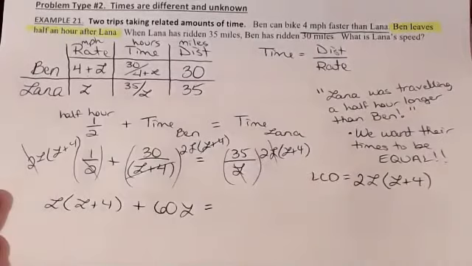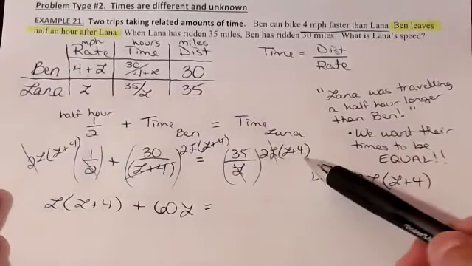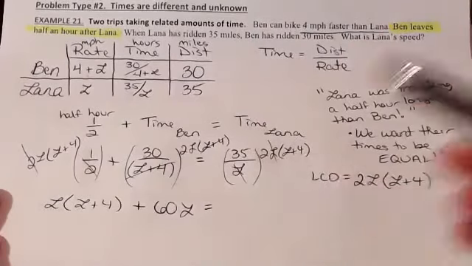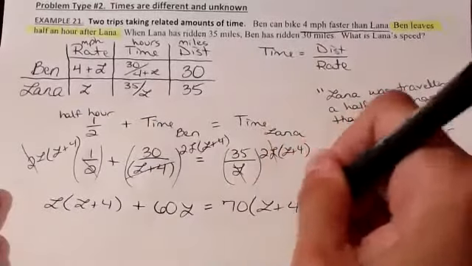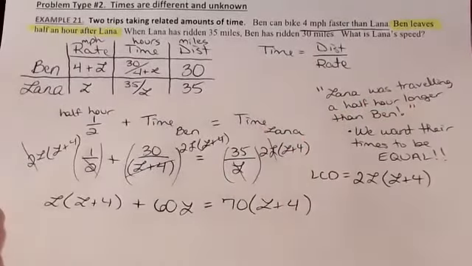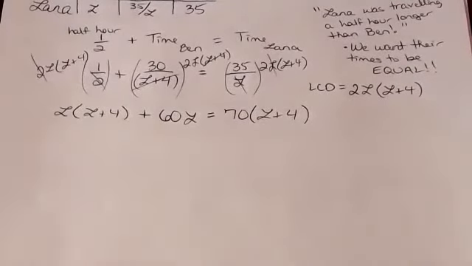Not the one inside the parentheses. And that leaves me with 35 times 2 times L plus 4. Well, I know 35 times 2 is 70, and we still have that L plus 4. Okay, all we did is we went through and we canceled out common factors. Are there any questions at this point?